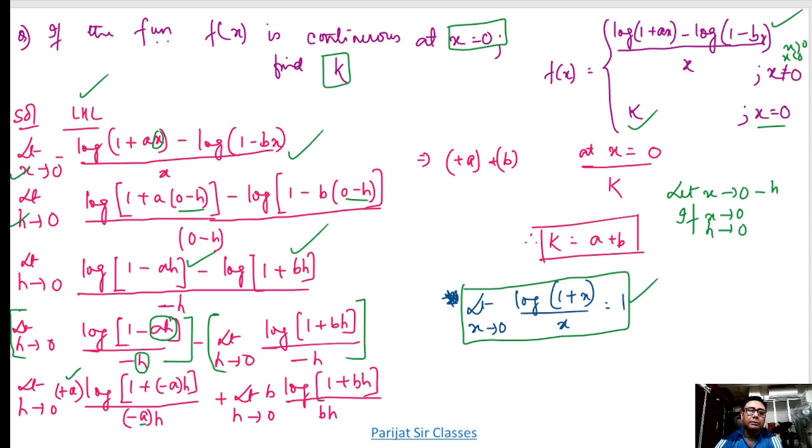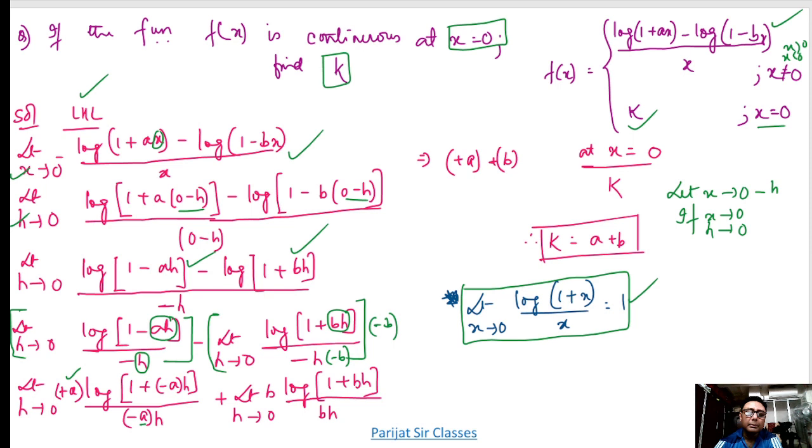Similarly, I have to make it bh, so that means I have to write minus b here, so I have to adjust with a minus b.